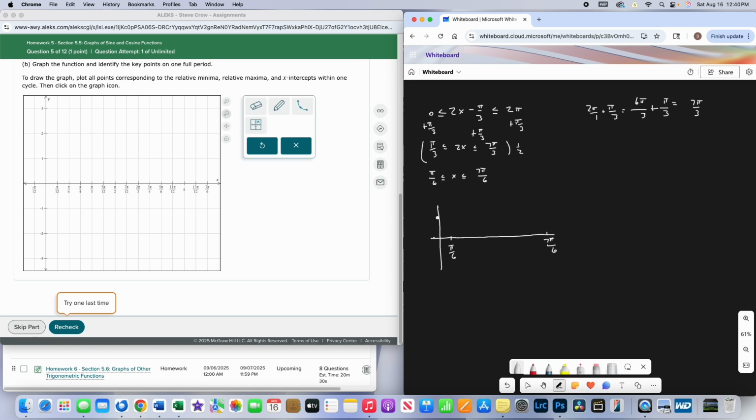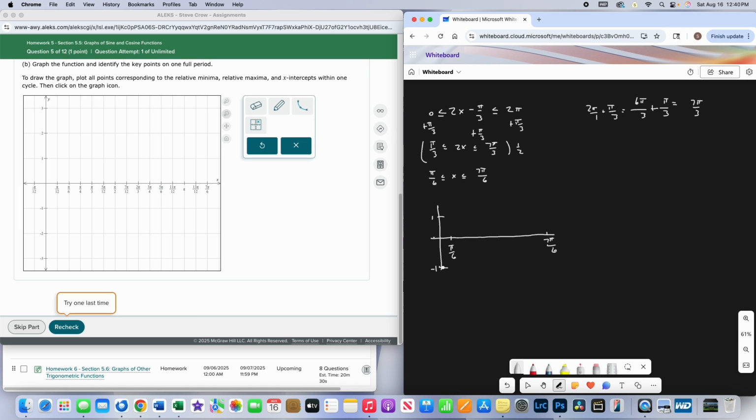And we know the max and min is going to be 1 and -1, because we found earlier that our amplitude was 1. And look, I know you're doing this online, and you're putting your answer in online. But look, graph the entire thing on paper, everything with your points and all that stuff. Okay.